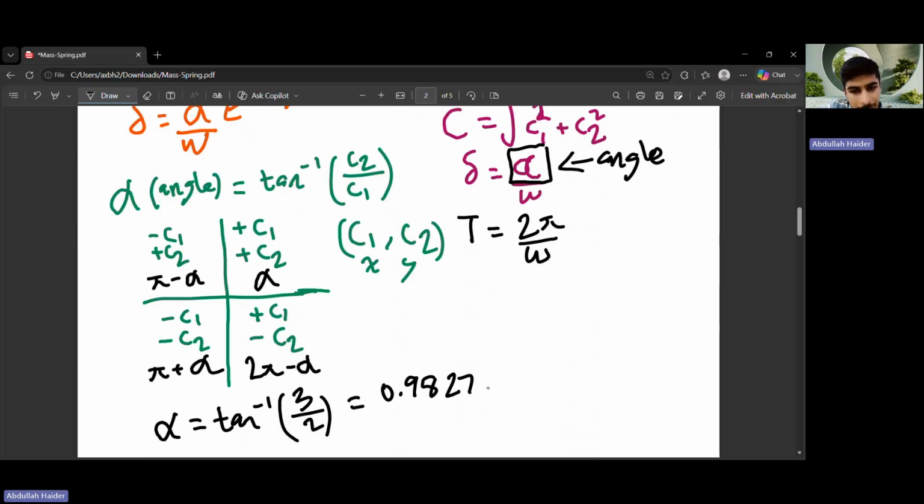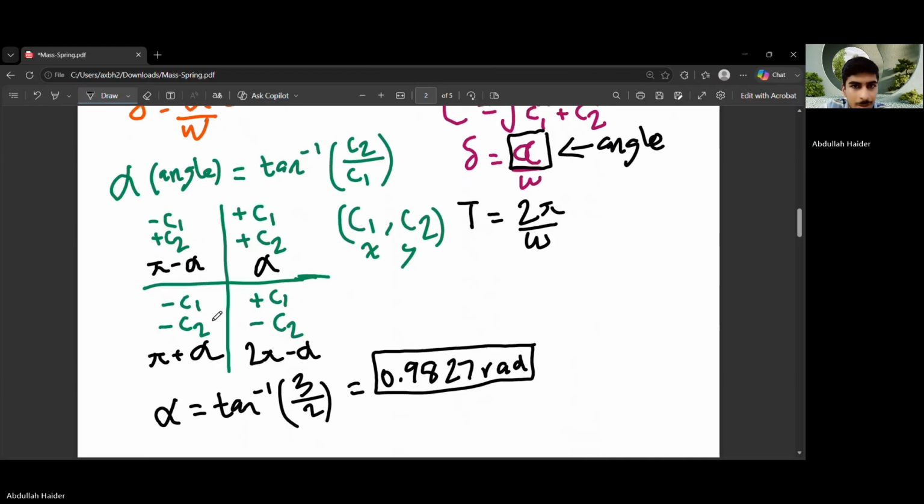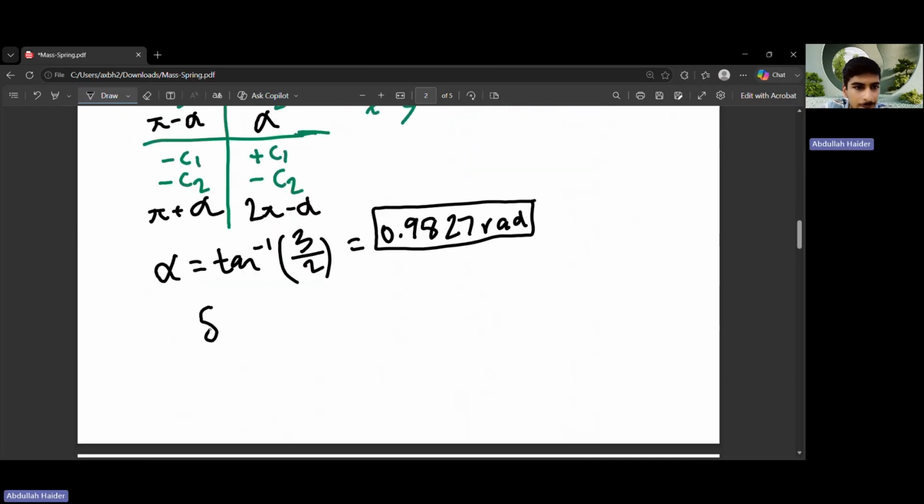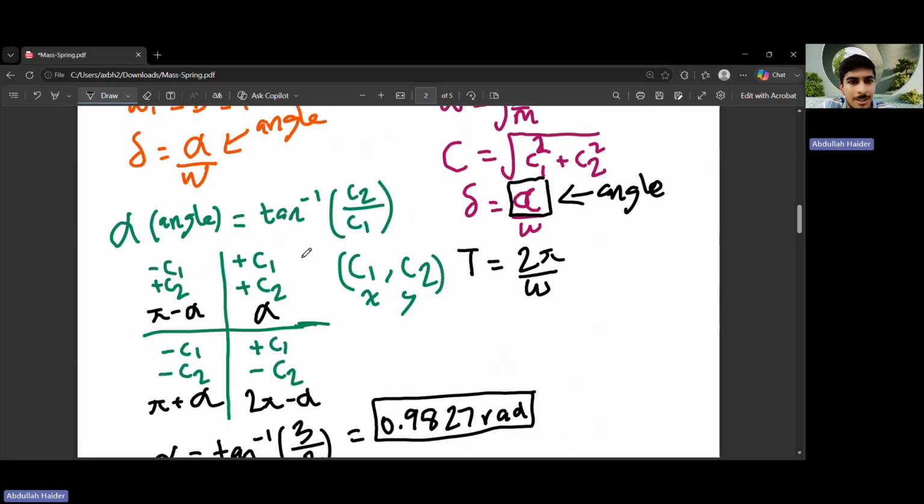Now, I would prefer to keep the answer in radians unless it is specified in the question. So then our time lag is 0.9827 over omega, which is 1, equal to 0.9827. That is your final answer for the time lag.